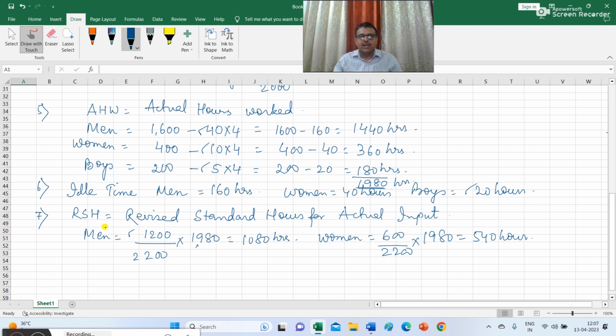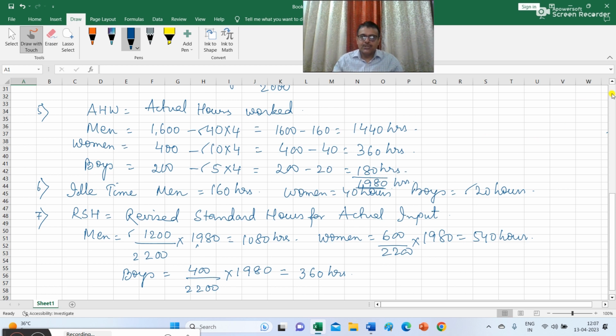So revised standard hours, this way I have calculated for men and women. And what is the revised standard hours for boys? This will be 400 divided by 2,200 and multiply this with 1,980 and you will get 360 hours. So this way I have calculated all the 7 parameters which are required for calculating the labor cost variances.